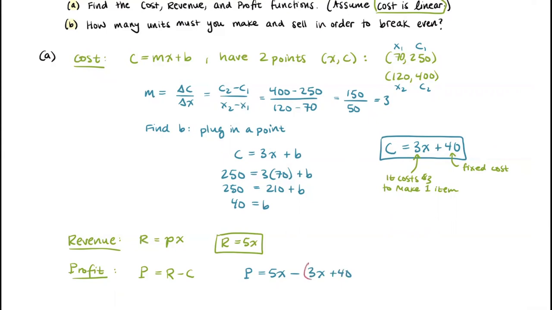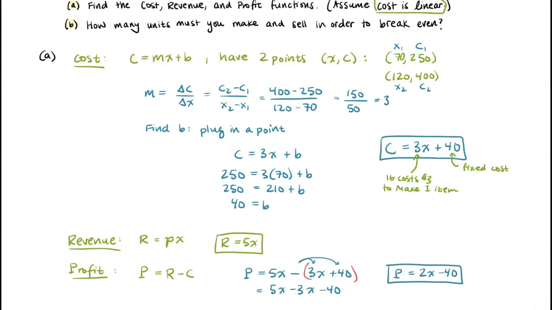So we really need to make sure all the time that we have parentheses around the cost equation when we're subtracting it. Because now we need to distribute the negative sign into here and here in order to combine like terms together. Okay, so we have 5x minus 3x minus 40. And so that means that if we combine our like terms together, this will give us 2x minus 40. And here's our profit.